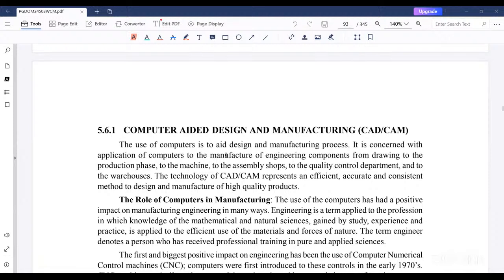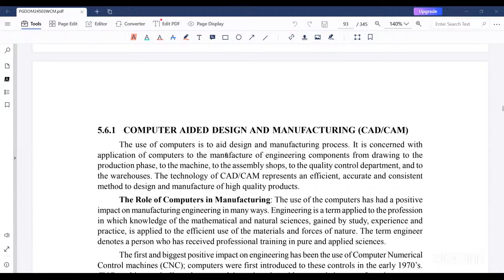We hear n number of students learning the course of CAD. They involve using the application of computer to the manufacture of engineering components. How? From drawing to the production phase, to the machine, then assembly shops, quality control department, and to warehouses.